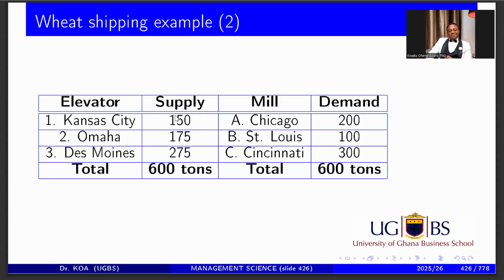In the supply, there are 3 of them, and in the demand, there are 3 of them. So that tells you that the number of nodes you're going to have is 6. Does that answer your question? Okay, then it does.